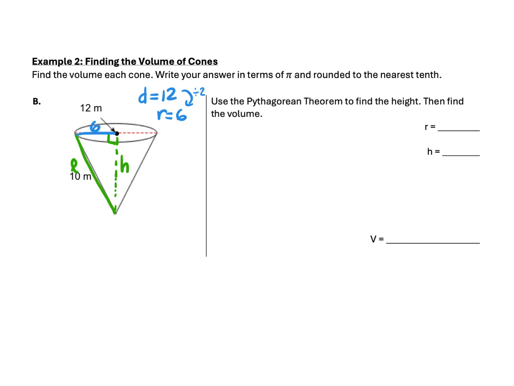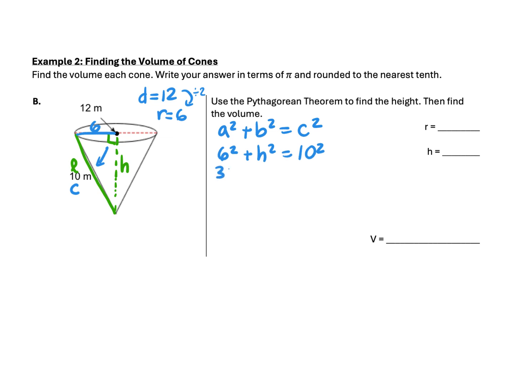And what I just formed here is a right triangle with sides that are 6, h, and 10. We know that in a right triangle, a squared plus b squared equals c squared. And the c value has to be the hypotenuse, which here is that 10. So I'm going to go 6 squared plus h squared equals 10 squared.